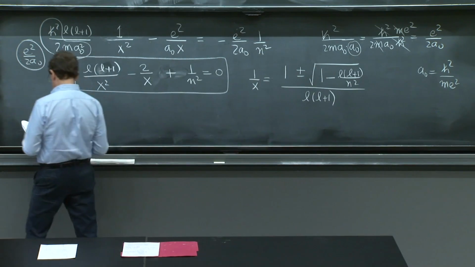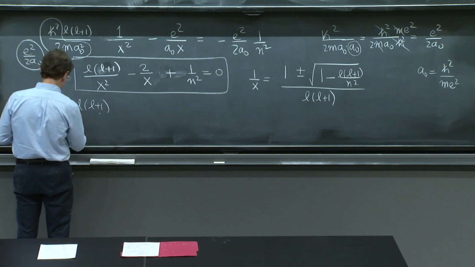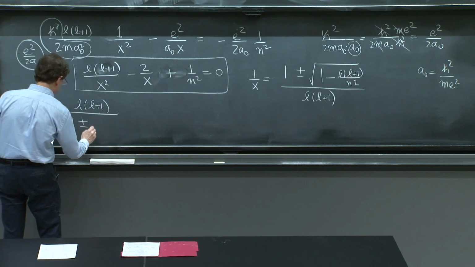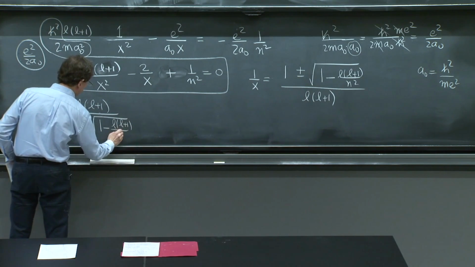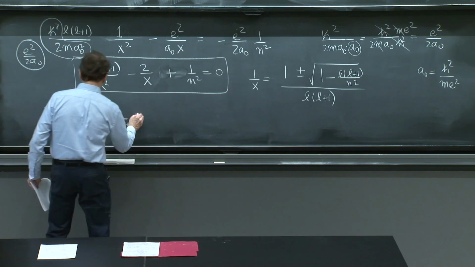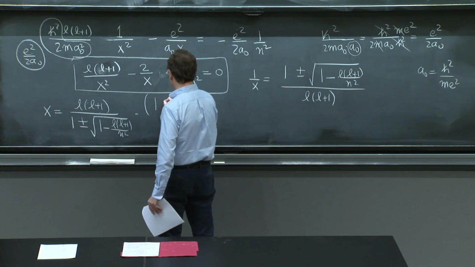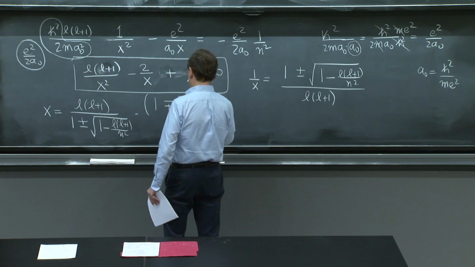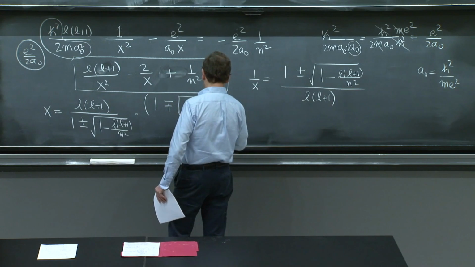So then you invert it. So x is now L times L plus 1 over 1 plus minus the square root of 1 minus L times L plus 1 over n squared. And we multiply by the opposite factor to clear the square root. So 1 minus plus the square root of 1 minus L times L plus 1 over n squared.